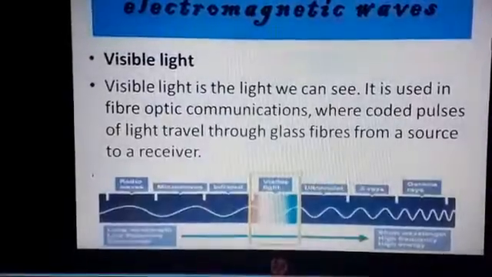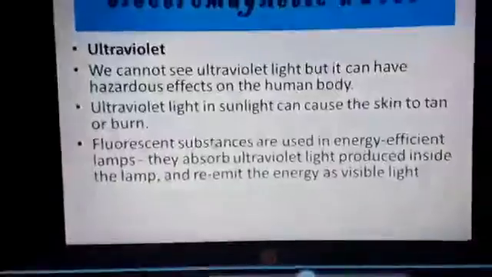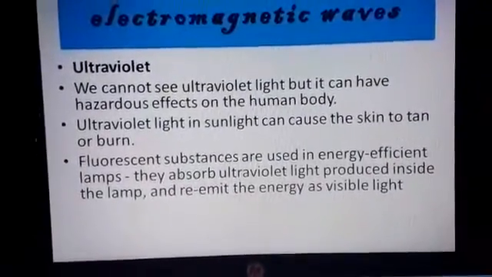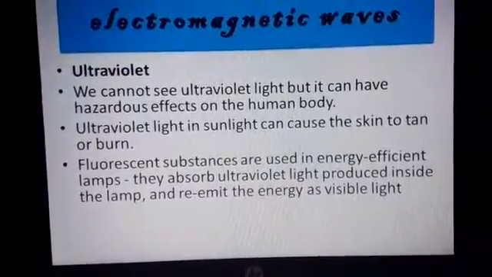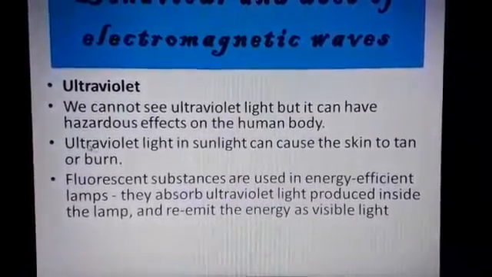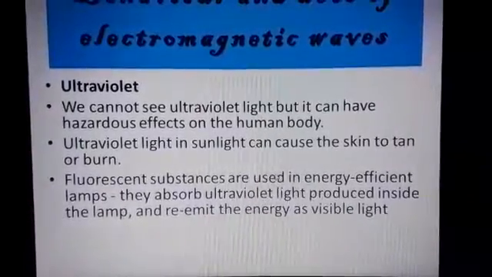Ultraviolet. Now, ultraviolet comes here, actually. It's beyond violet. It has very high frequency. It also, unfortunately, has a hazardous effect on you because if you stand in the sun for a long time, you get a little bit extra of ultraviolet light, which actually burns your skin if you stay for a long time.